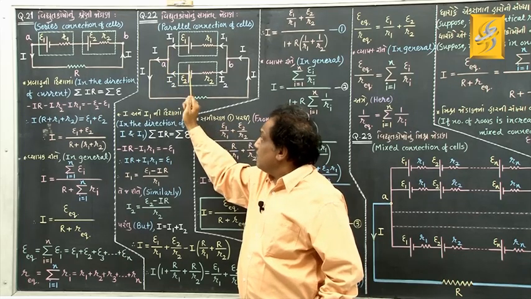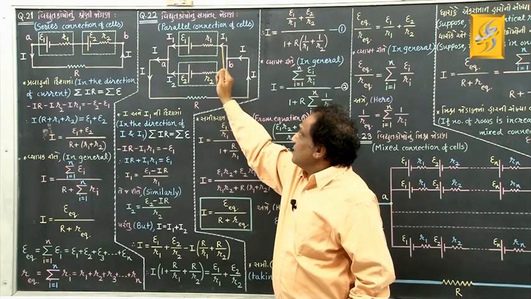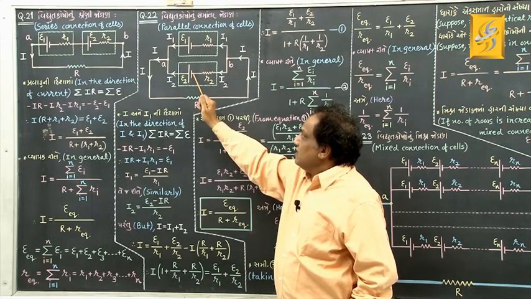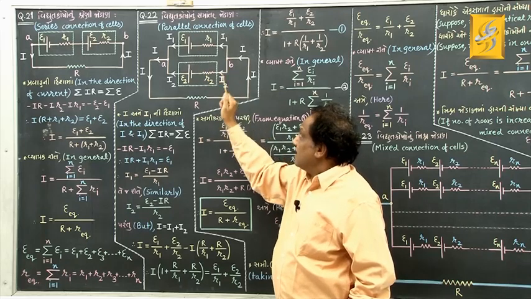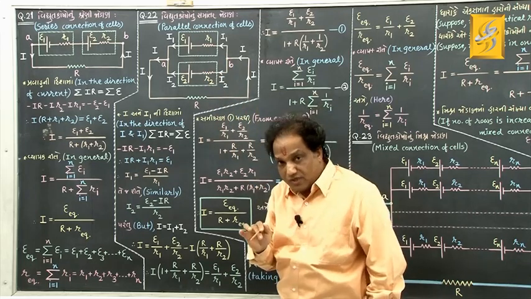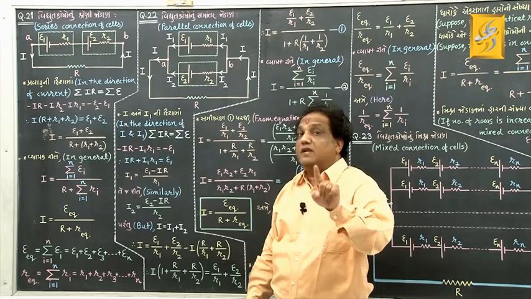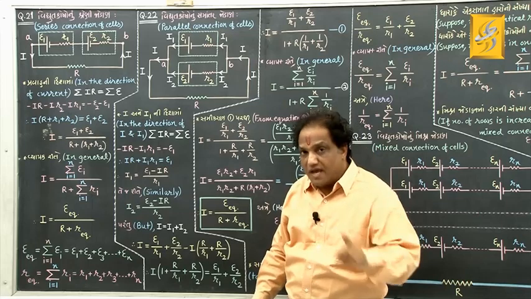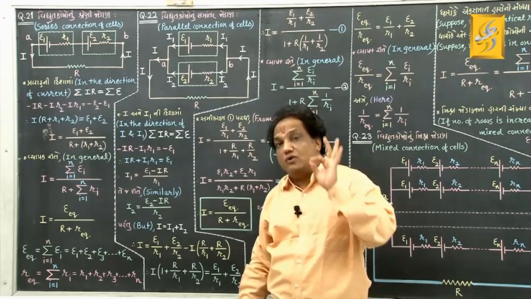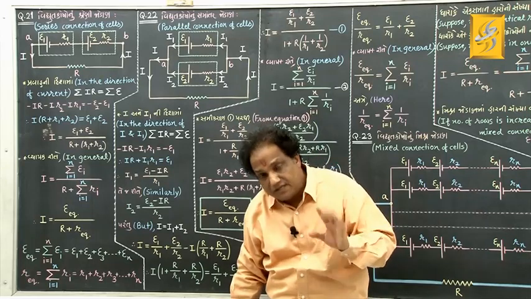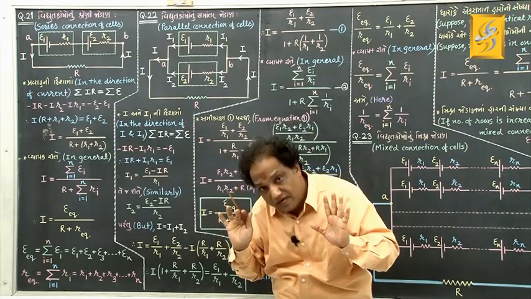So, positive with positive, correct? And here this negative terminal is connected here. This negative terminal is also connected there only. So, negative with negative, meaning thereby like terminals are connected together. And when like terminals are connected together, that connection is called opposing manner, correct? These cells are connected in an opposing connection, correct?